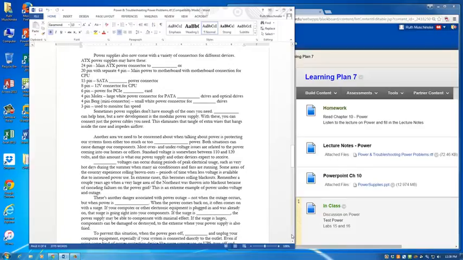Power supplies now also come with a variety of connectors for different devices. ATX power supplies may come with these: the 24-pin main ATX power connector to the motherboard, or a 20-pin connector with a separate 4-pin connection. This would be main power to the motherboard with motherboard connection for the processor.